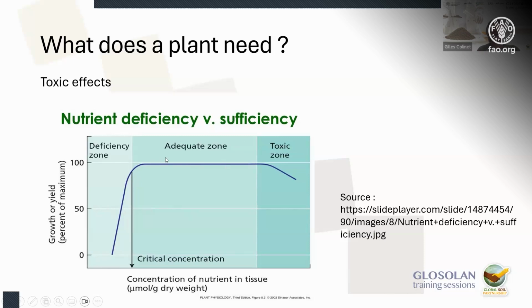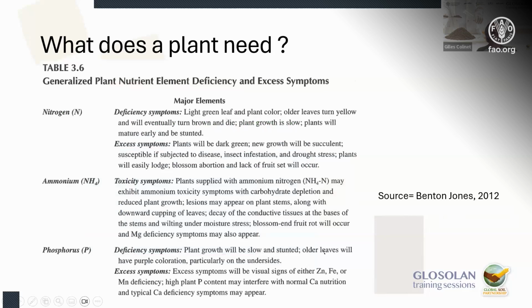Then you have an adequate zone in which the plant is in good condition regarding growth or yield. And then you have a toxic zone, not for every element, but for the elements that are toxic, where a toxicity threshold can be defined. So here you are in the deficiency zone, here you are in the sufficiency zone, and here you are in the toxic zone.